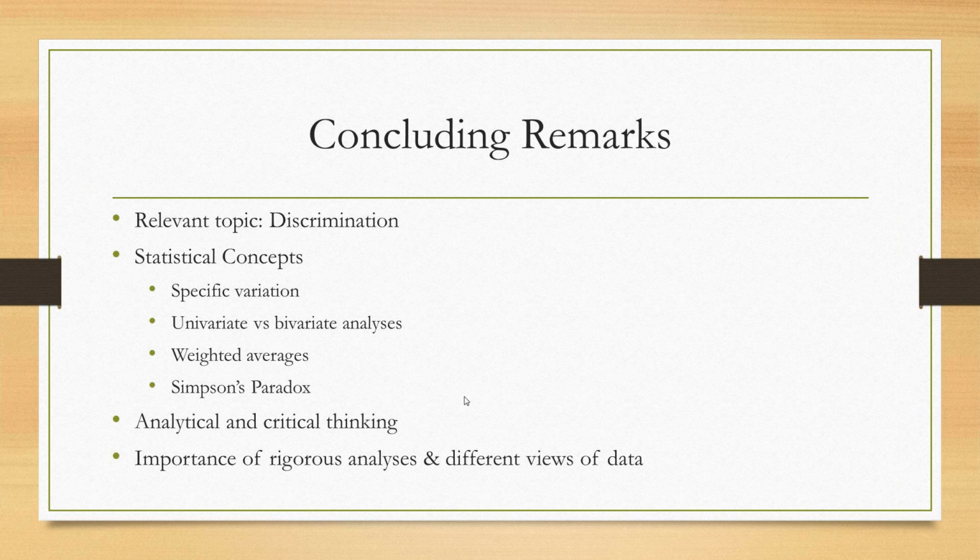In order to be an effective manager, we would like our students to always ask: is there a source of variation that has not been considered? Have all sources of variation been considered when doing the analysis? Hopefully our students also walk away understanding that if you take different views of data, you may see different ideas emerge. And with that, that concludes our presentation.